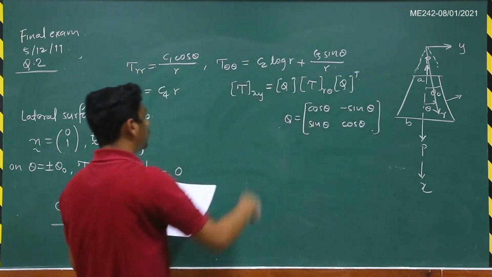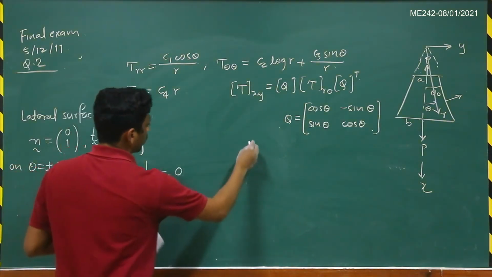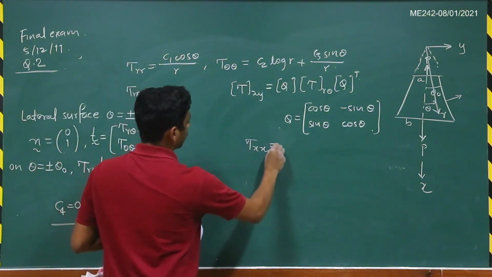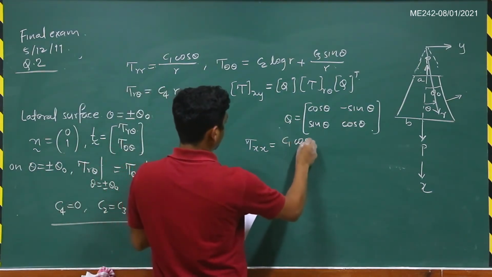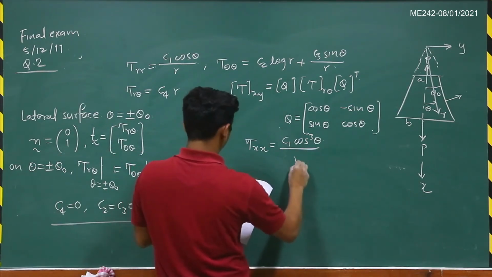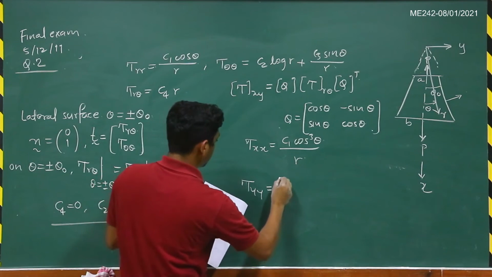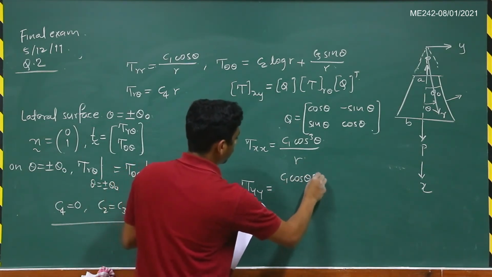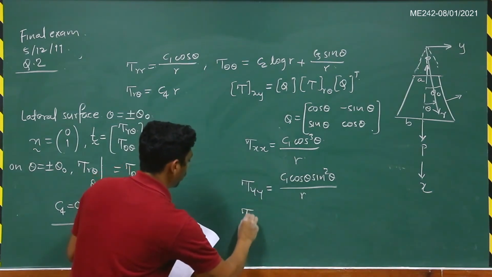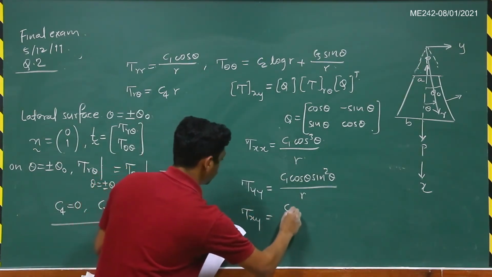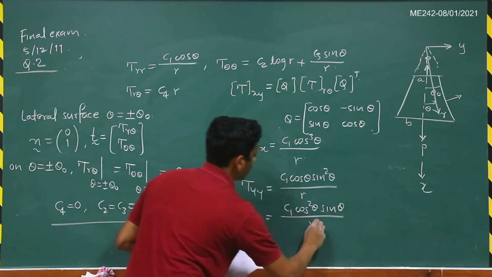So by using this expression, we will get tau xx to be equal to C1 cos cube theta divided by r. Tau yy will be equal to C1 cos theta sin square theta divided by r, and tau xy to be equal to C1 cos square theta sin theta over r.